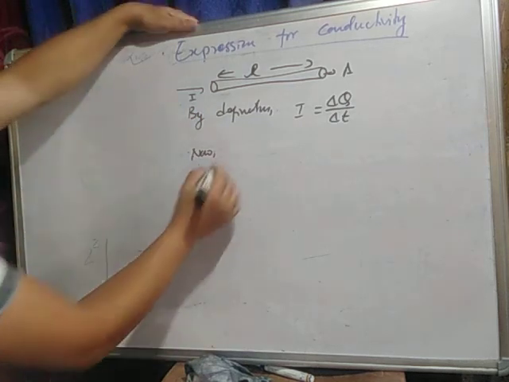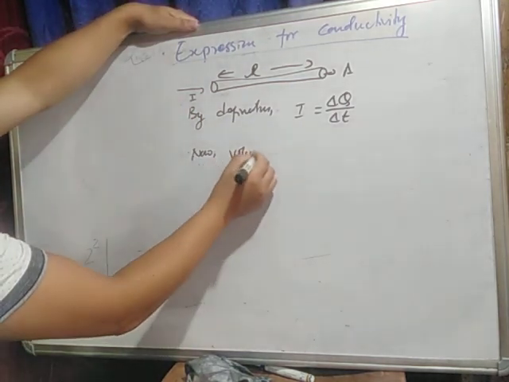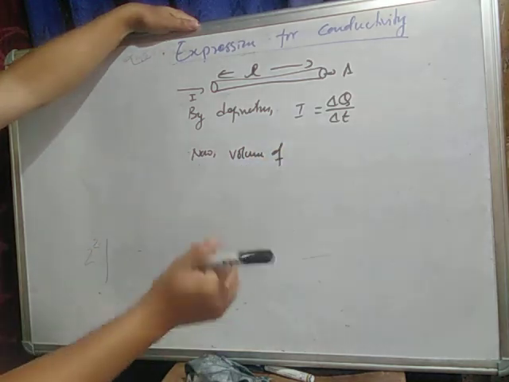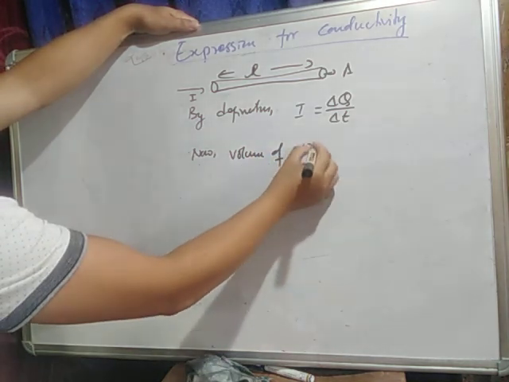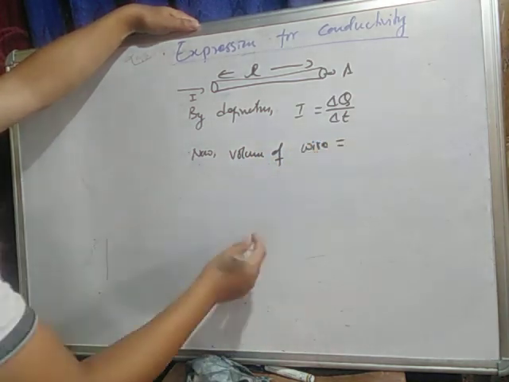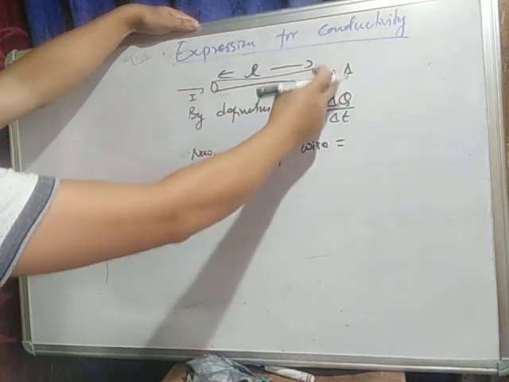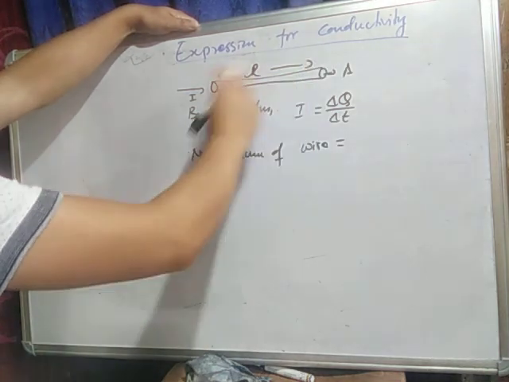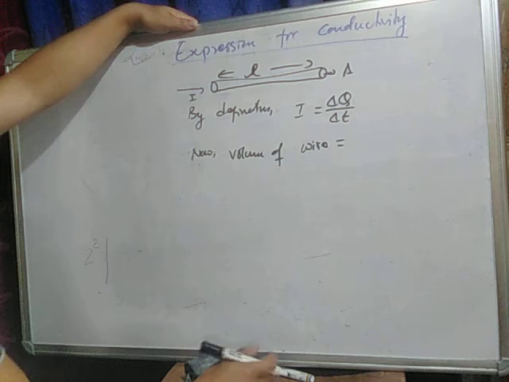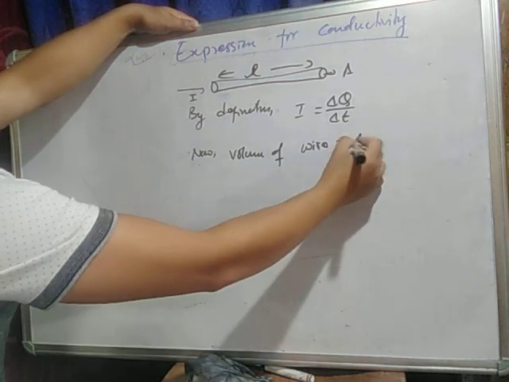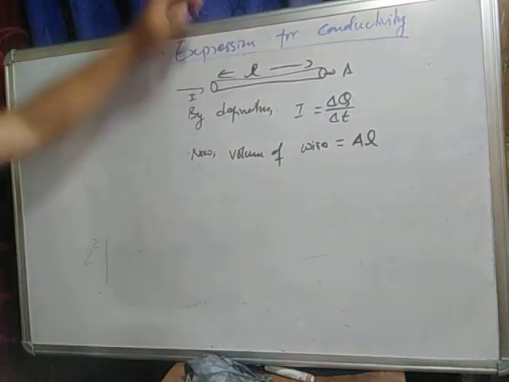So now write down the volume of wire. How much will you get? Volume of wire. We know that it is a cylinder, isn't it? So area of base into height, isn't it? So A L. Clear? Cylinder.